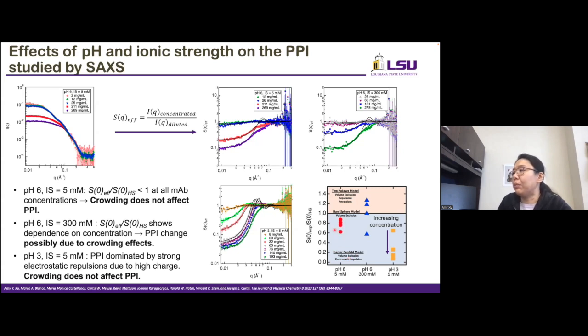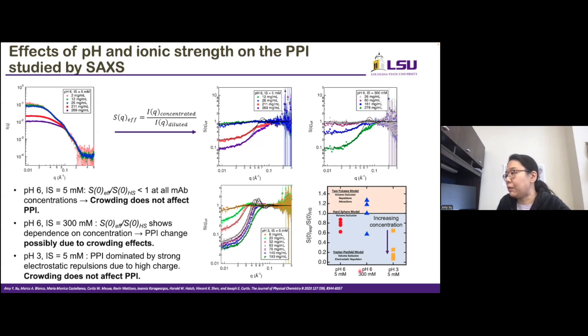Because they are all fitted using the same model, we can conclude that the crowding with increasing concentration doesn't seem to affect the nature of protein-protein interactions. Similar goes for samples prepared at pH 3, also at low ionic strength, because this is a condition where the antibodies are heavily charged. So electrostatic interactions definitely dominate the protein-protein interactions, and they can all be fitted using a Hayter-Penfold model. Crowding doesn't affect the nature of protein-protein interactions.